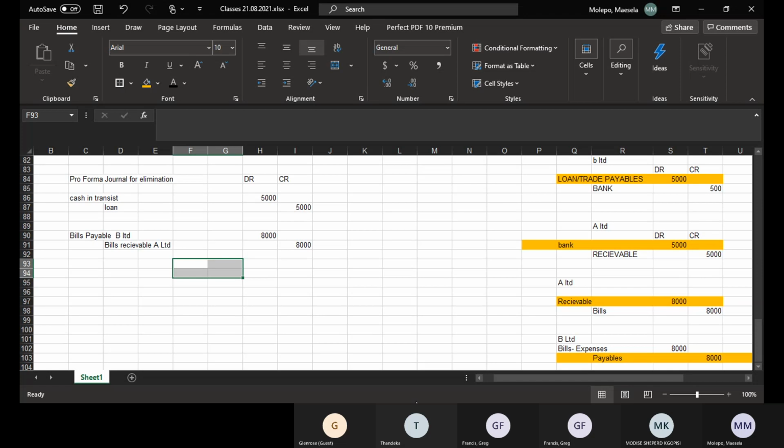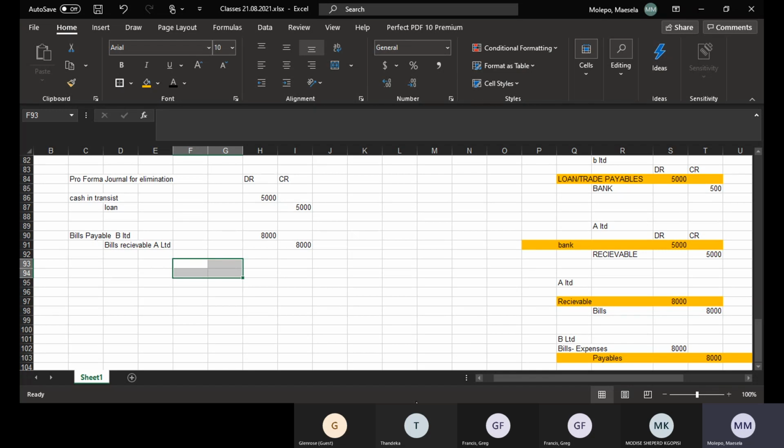Hi, Mr. Molepo. So my question is on the bills payable. Shouldn't the 2,000, which is the discount, be eliminated here in the journal as well? The discount, no. As an elimination part, it's going to form part of the expense.